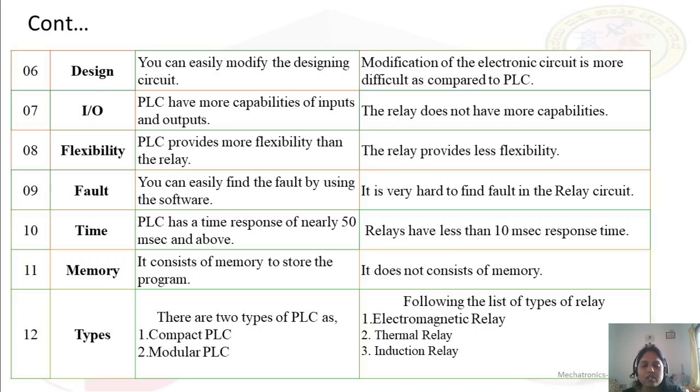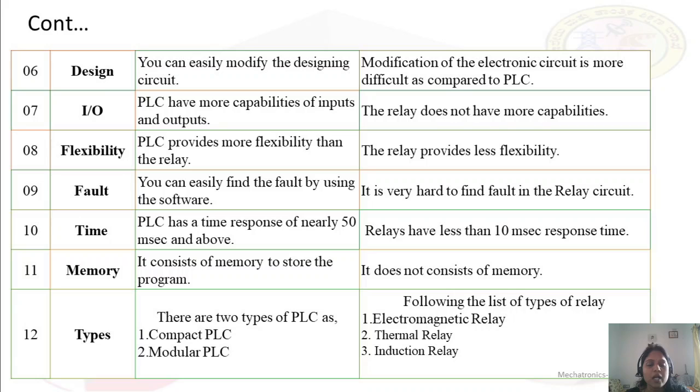If we summarize today's topic, PLC logic is preferred more compared to relay logic. Today, almost all industries are using PLC logic, because in relay logic, the main disadvantage is that it has elaborate wiring, and it also occupies more space.